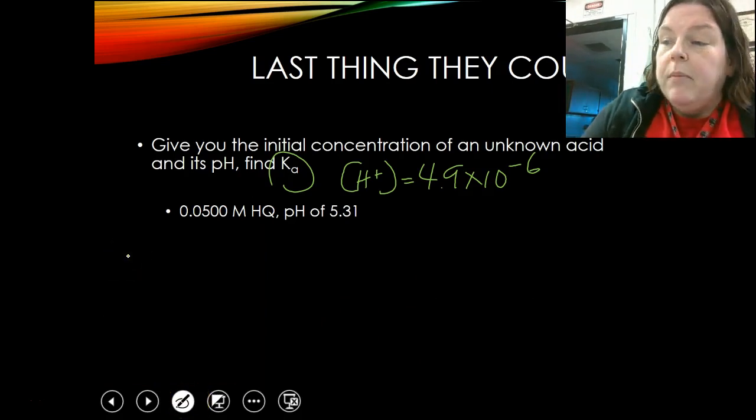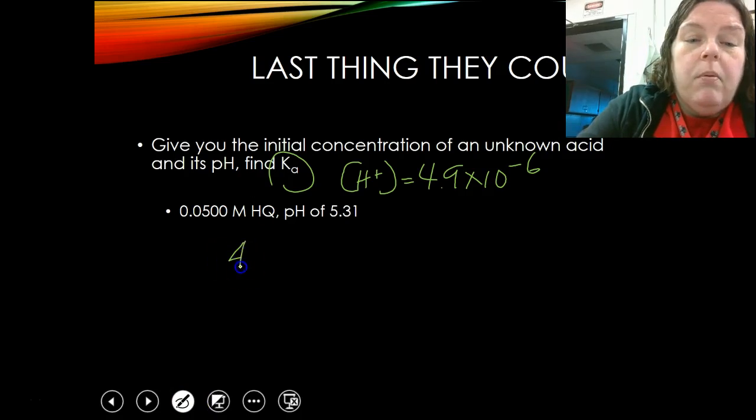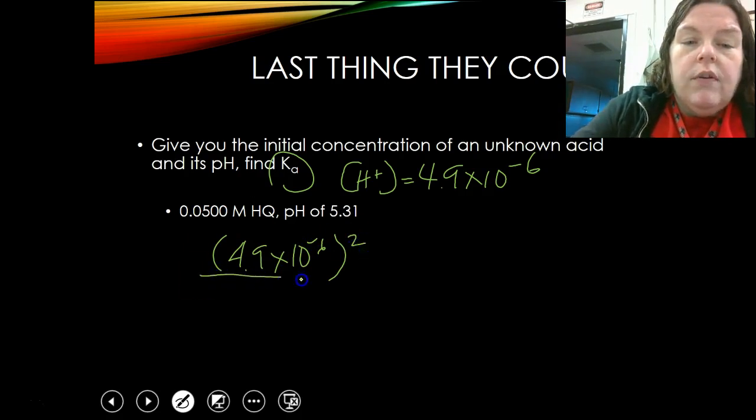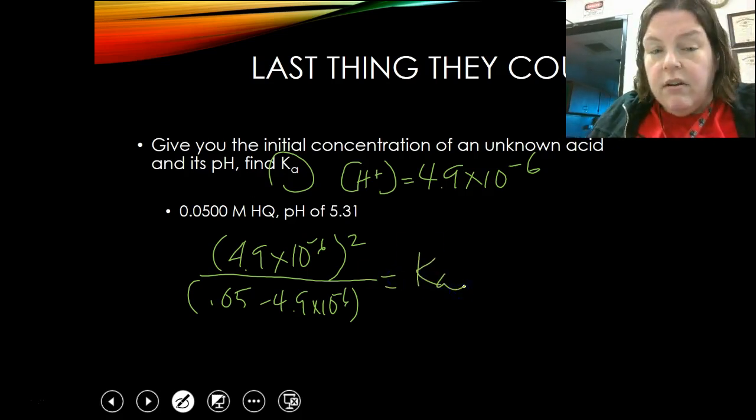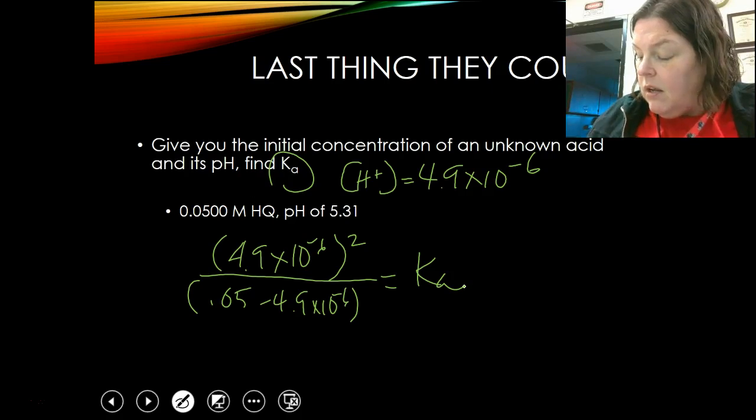So to finish this problem up, I take 4.9 times 10 to the negative 6 and I square it over 0.05 minus 4.9 times 10 to the negative 6th, right? And that is equal to Ka. So we just have to calculate. So we have 4.9 second function E negative 6 squared.